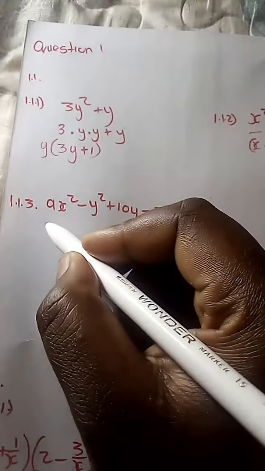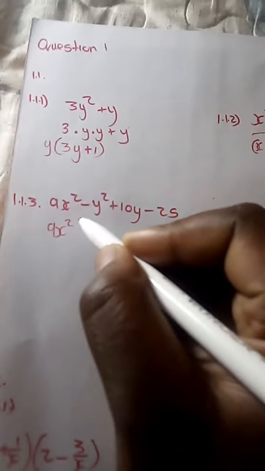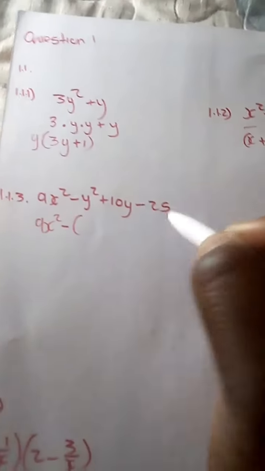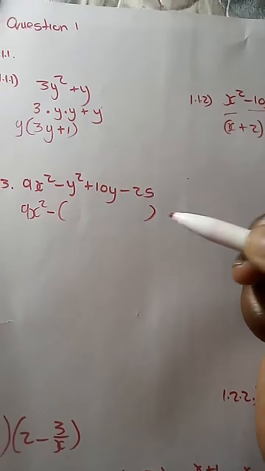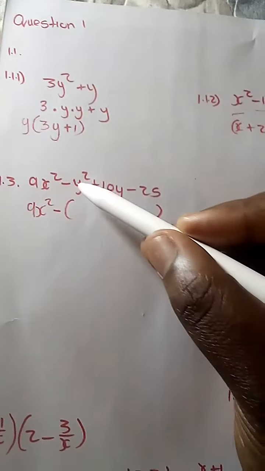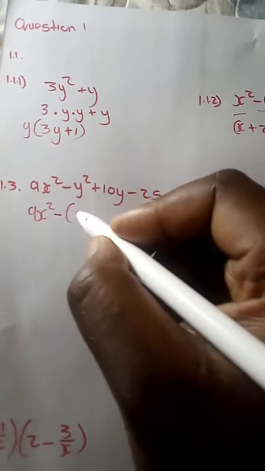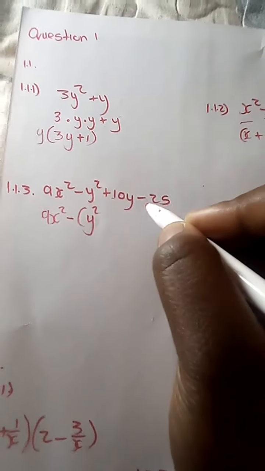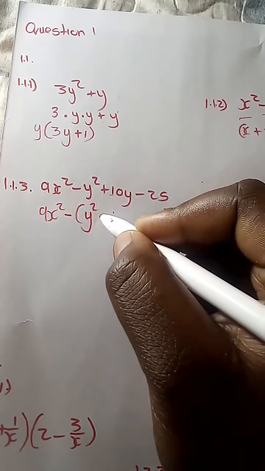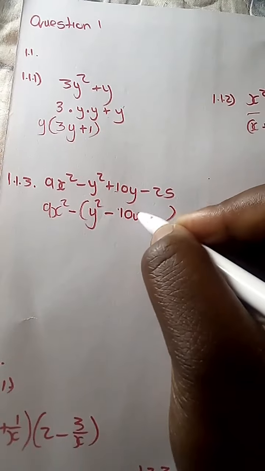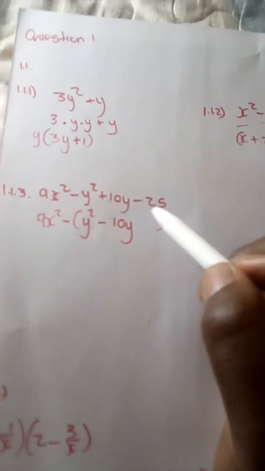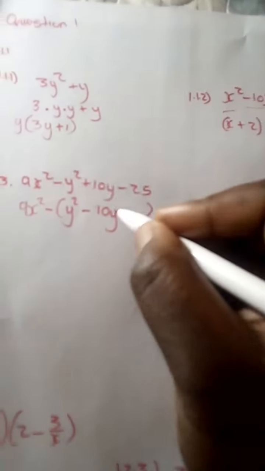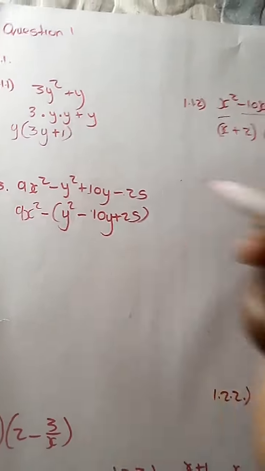It is going to be 9x squared minus our trinomial bracket. So negative into negative y squared is positive y squared. Negative into positive 10y is negative 10y. Negative into negative 25 is positive 25.